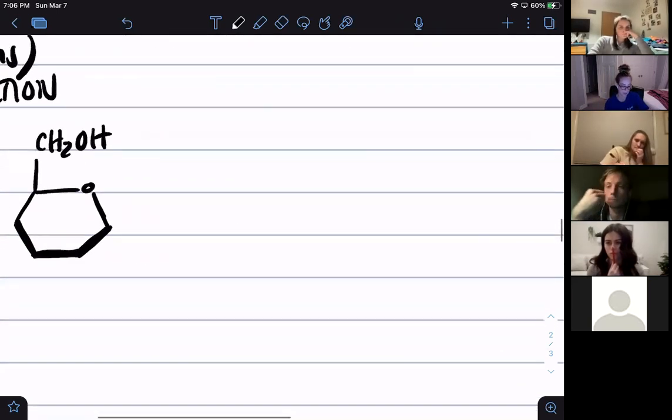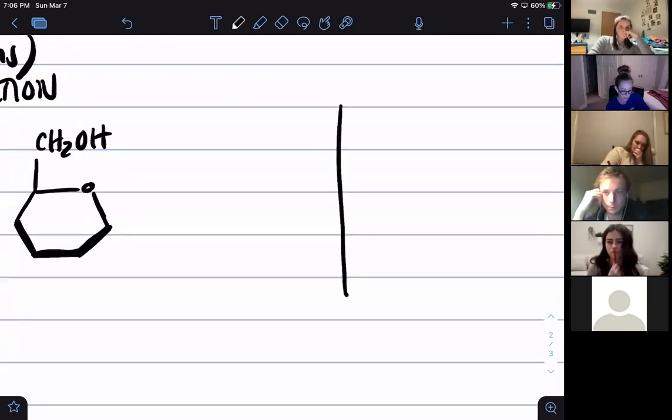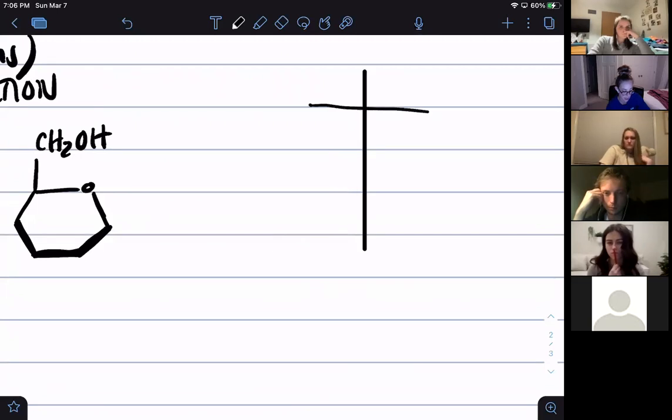So please don't get confused when you're looking at sugars in general, because a lot of students don't connect the dots. When we see sugars always drawn like this, that's a Fisher projection, but we never call it that in biology because we don't really like to be chemists in biology. But when you see sugars like this, that's a Fisher projection. This is a carbon.